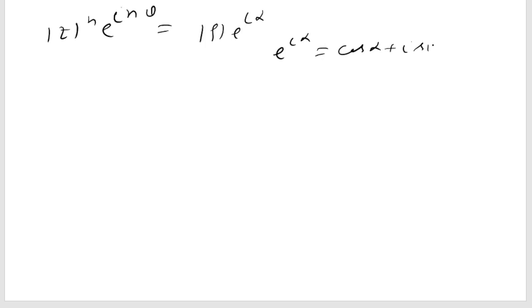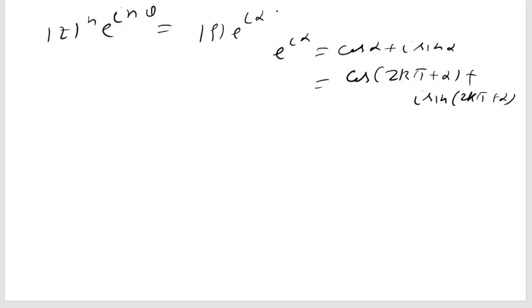So we can write mod z to the power n, e to the power i n theta, equal to mod rho, e to the power i alpha, and we discussed that e to the power i alpha is the same as cos alpha plus i sin alpha. Being a periodic function, I can write cos of (2k pi plus alpha) plus i sin of (2k pi plus alpha).